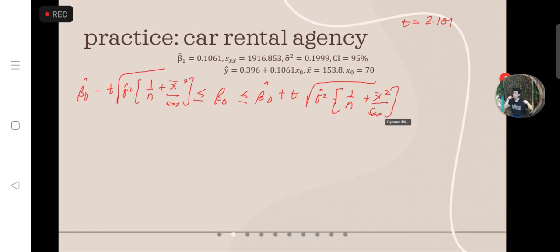So we have values now of x bar, sxx, b hat 0, our t, our n is 6.